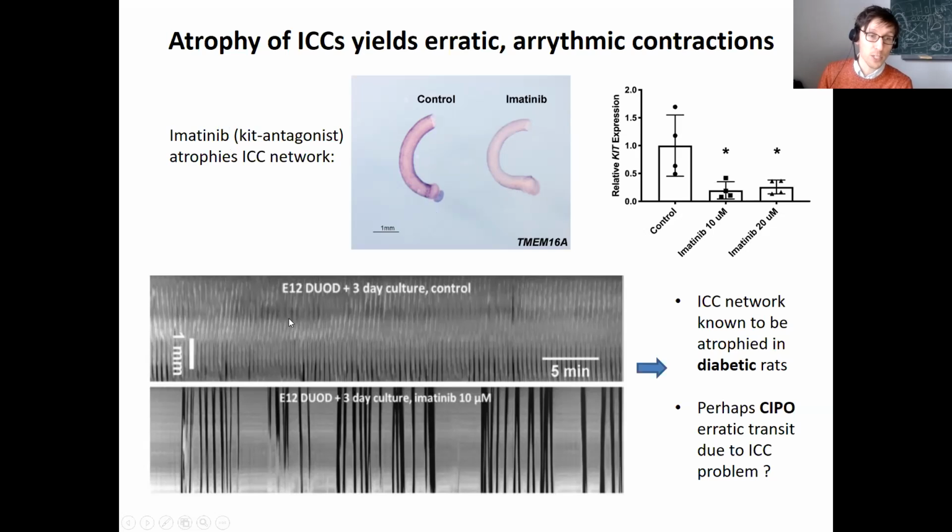If we look at the spatiotemporal maps now for guts at E12 plus 3 days in culture, in the control we get these very regular contractions, but in the imatinib-treated samples, the contractions are chaotic, very irregular, reminiscent of what can be observed in some diabetic rats or CIPO spatiotemporal maps.